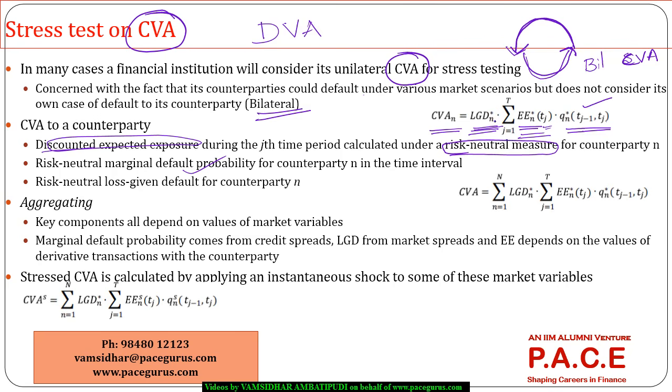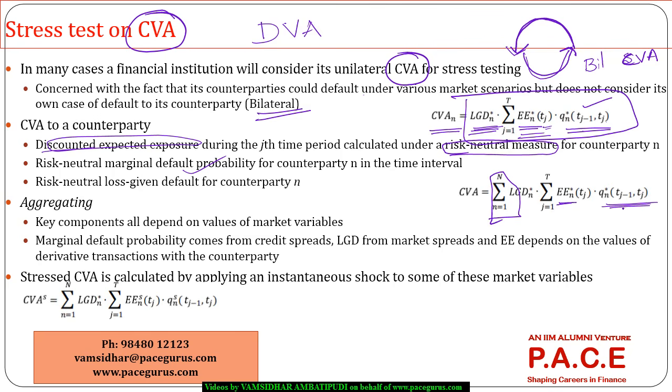Now I am trying to aggregate across all the counterparties. This is where the whole thing gets added up from 1 to n. I am adding up across all the counterparties. That is the aggregation. Now if you see here, either this can keep changing or this can keep changing.